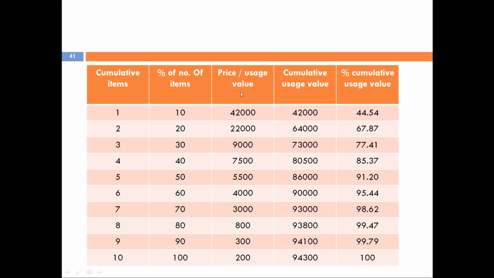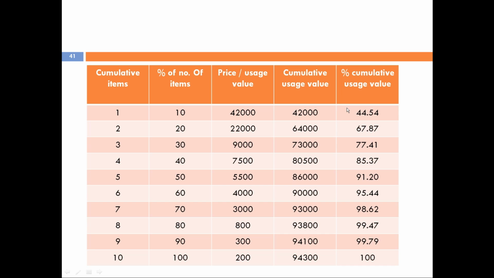Then, in descending order from 42,000, we have to find the cumulative usage value, which is nothing but 42,000 plus, for the second item, 22,000, which makes 64,000, which can be cumulatively added with this 9,000, which makes 73,000, and this can be added up till it becomes 94,300 for the 10th item.